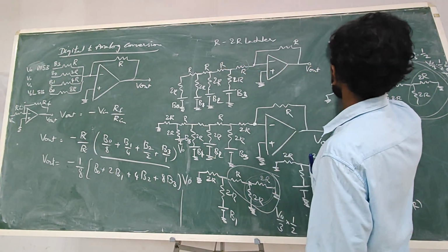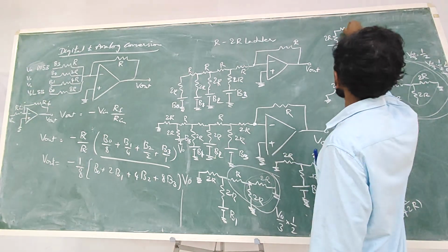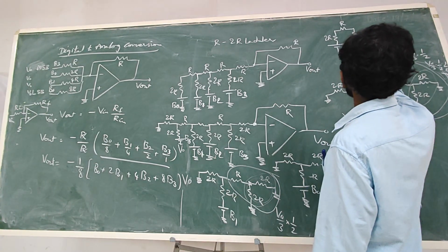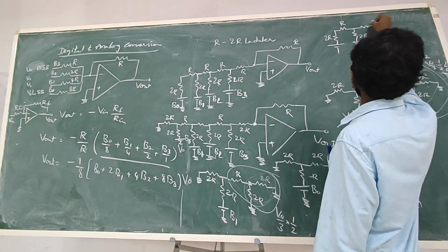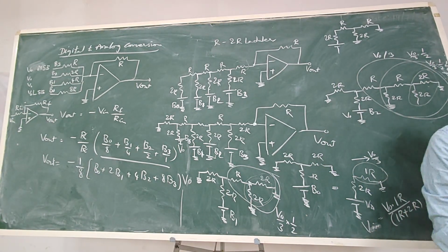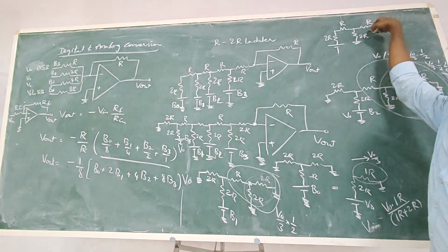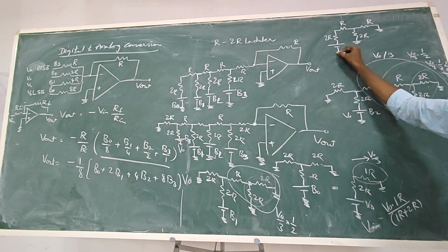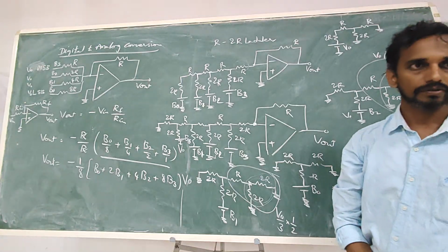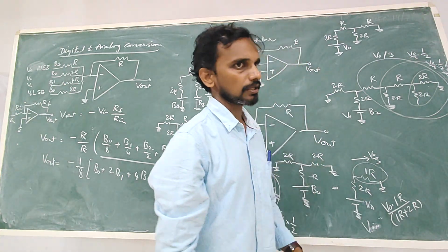Next case. So next part is a bit complicated. This is 2R, R. Now we have to see the voltage drop, the final resistance R due to this. So what is this value? 2R and R are parallel.